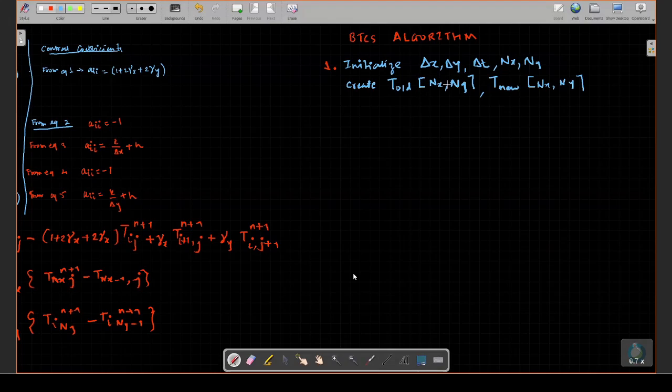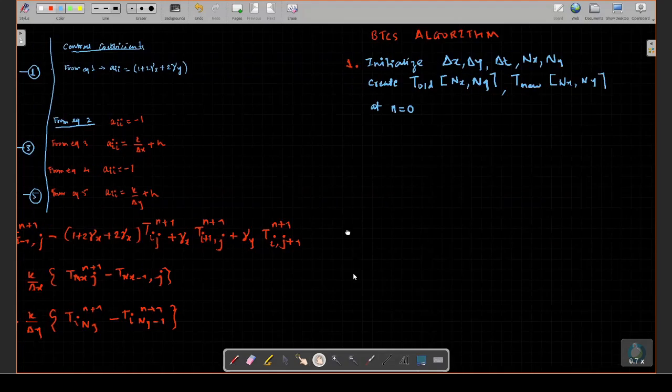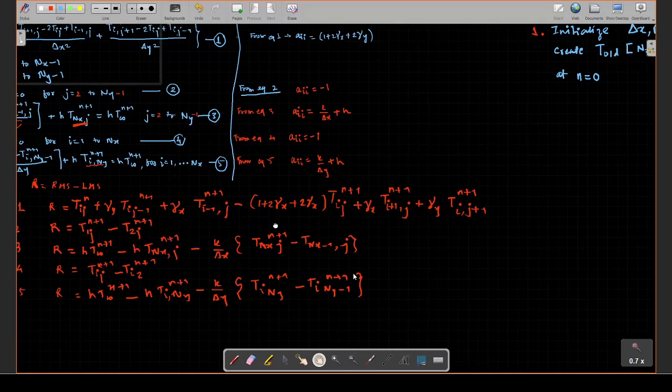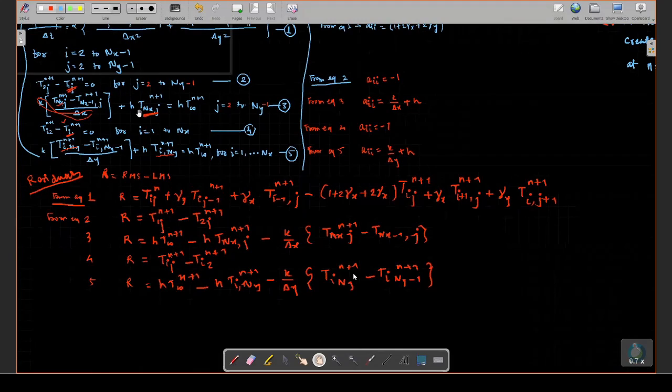Sir, I have a doubt. Yeah, carry on. While writing residuals for equation 2 and equation 4, we write RHS minus LHS, where RHS is the known value. But here we wrote T1J minus T2J. Here the known value, RHS, is 0.